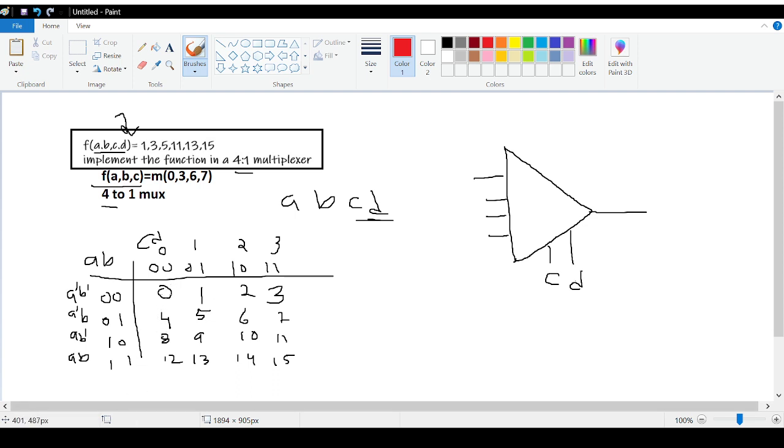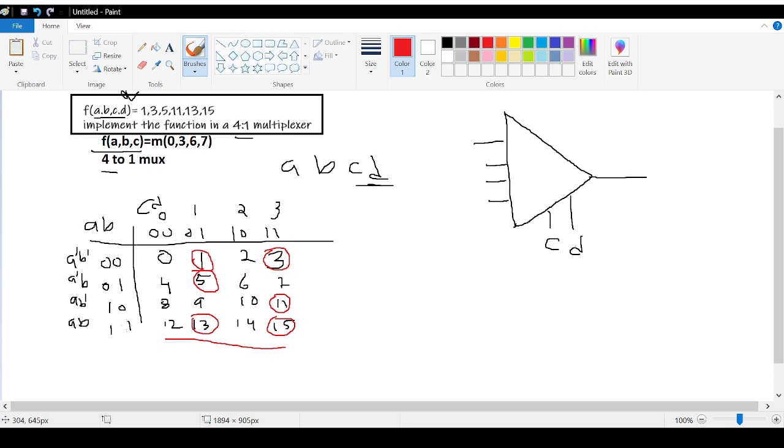Right, we should circle the min terms. So here the min terms are 1, 3, 5, 11, 13, and 15. After we're done circling the min terms, in the next part we will have to figure out what goes through each input.